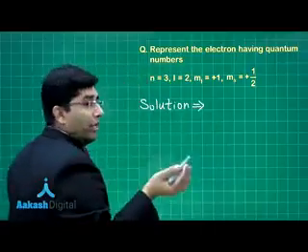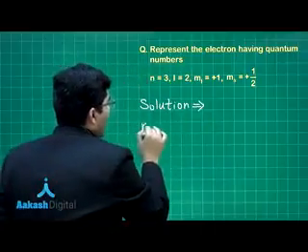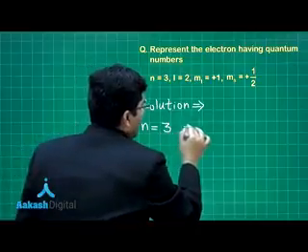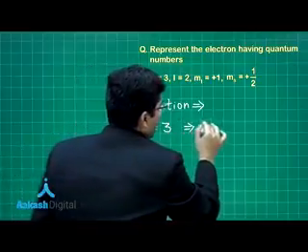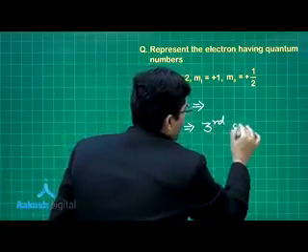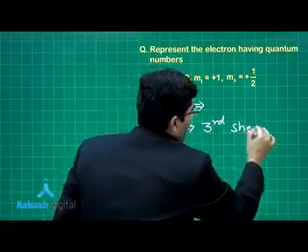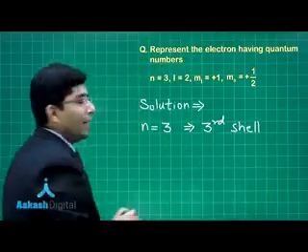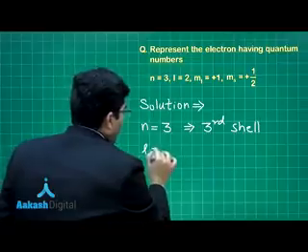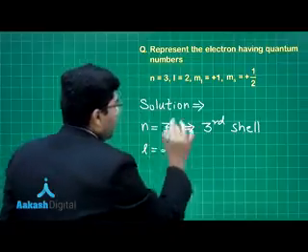now n is equal to 3. It means that if n is equal to 3, it is the third shell. So we are talking about the third shell, right? l is equal to 2.